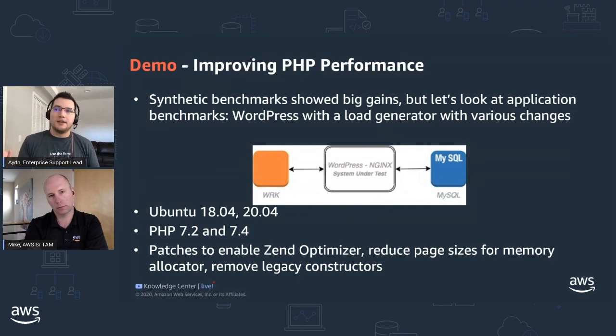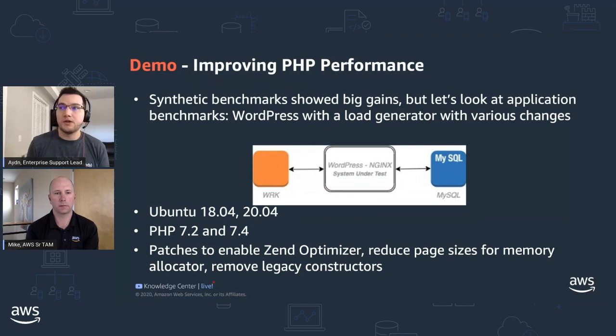The instance in the middle will be running the M6G instance type. And the software changes I'll be showing here are multiple versions of Ubuntu and PHP 7, and each of these incorporates over 10 changes, such as improvements from AWS, patches to the Zend optimizer, memory allocator changes, and removing legacy constructors from PHP 4, for example.